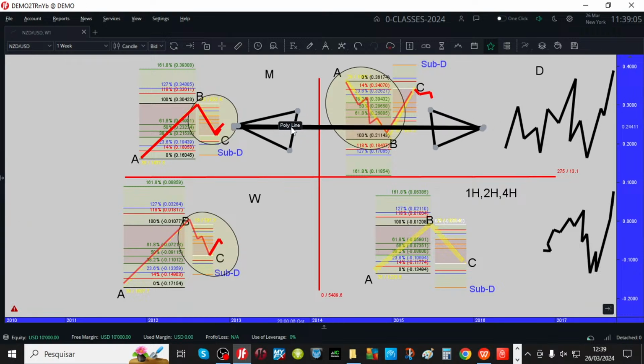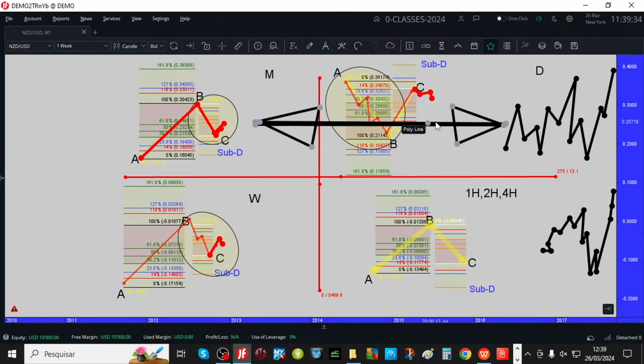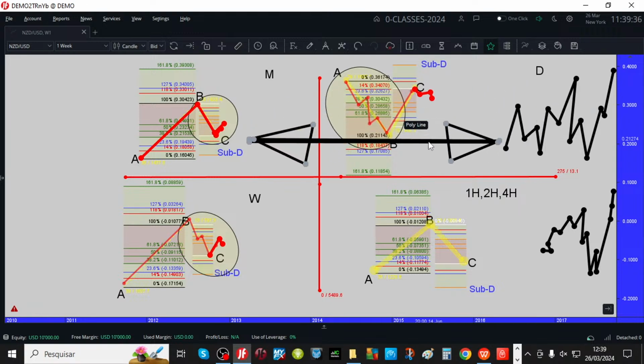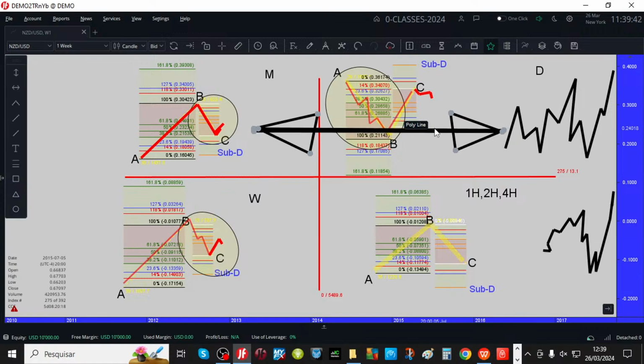If you don't understand this chart, the monthly, then whatever happens on the daily is not going to make sense to you. Agreed? Do we agree, everybody? Unless the monthly and the weekly are clear to you on what is happening, you are going to lose on the daily price action or on the 1 hour, 2 hour. Is this true or not true?